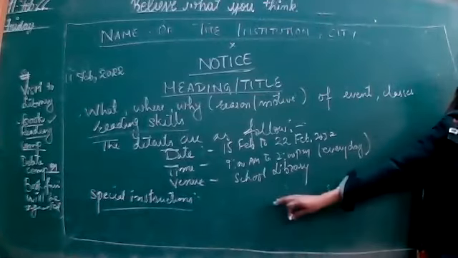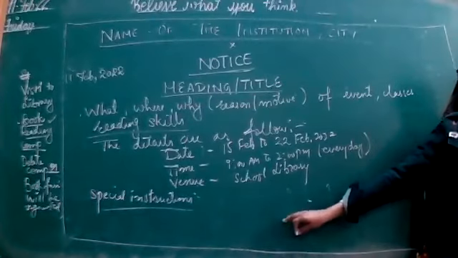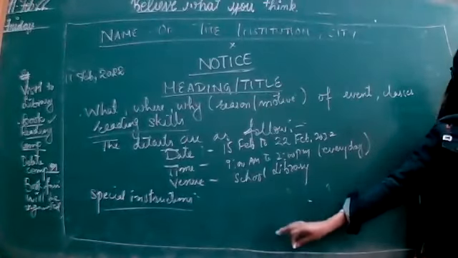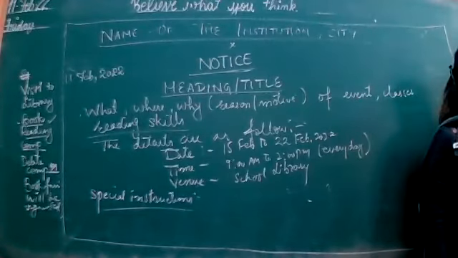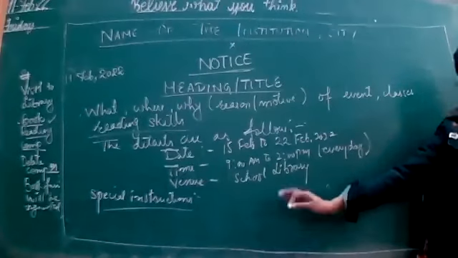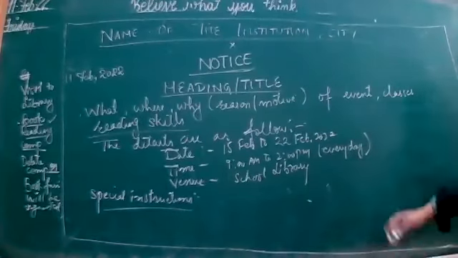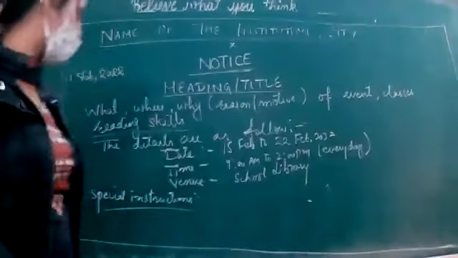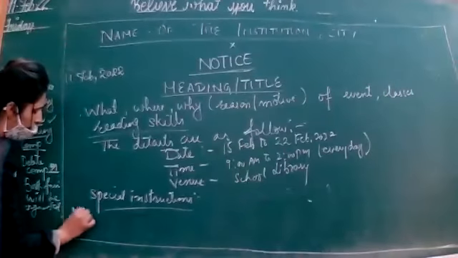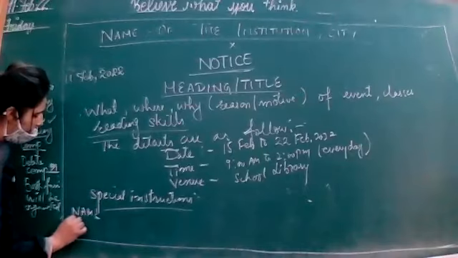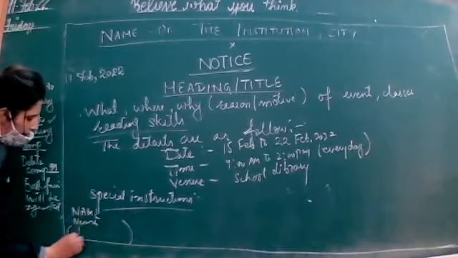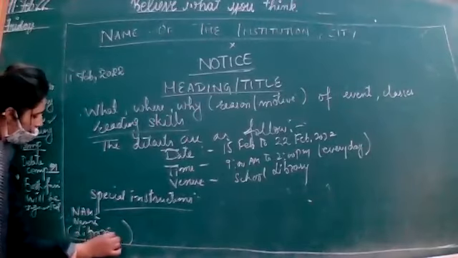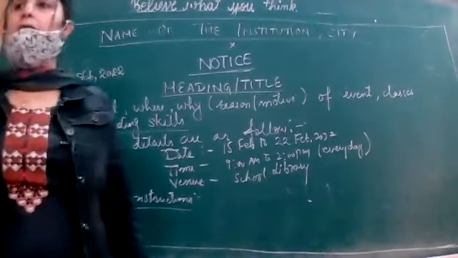Then, for more details, contact the undersigned. Ultimately, write the name in capitals, then signature, and then designation, such as librarian or activity in-charge, whoever is issuing it.